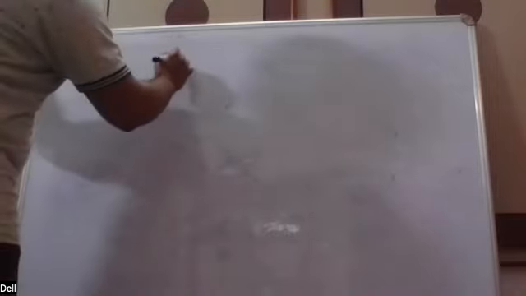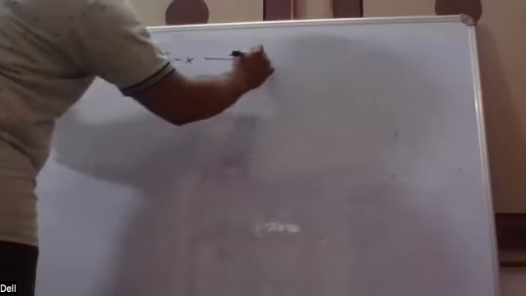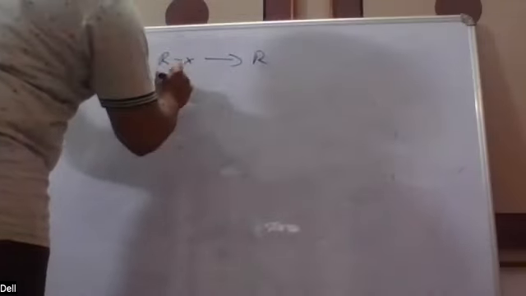So if we increase the temperature, the rate of the elimination reaction will decrease. But in the substitution reaction, there is first a bond to break, like in R-X, we need to break the R-X bond first. So we need energy for that. So if we increase the temperature, the rate of the reaction will definitely increase in this case.